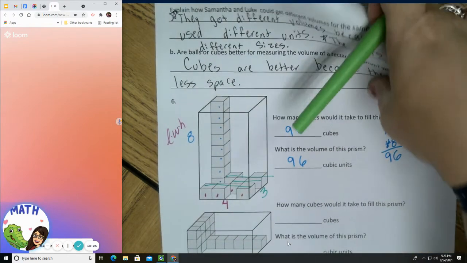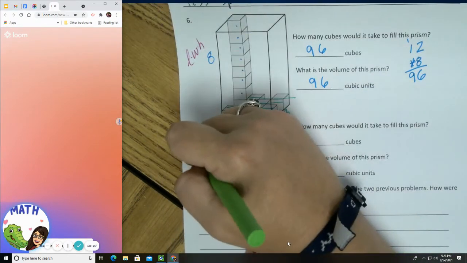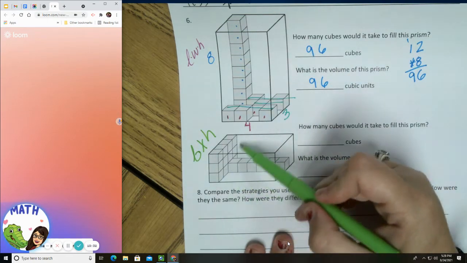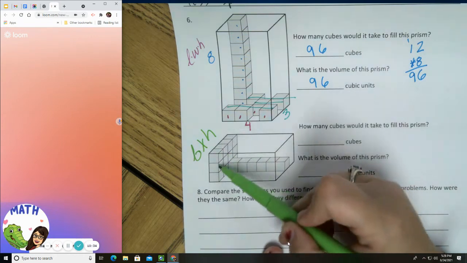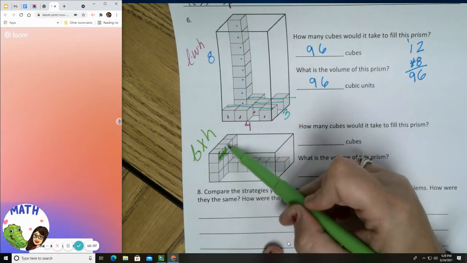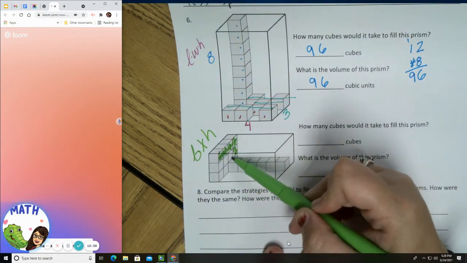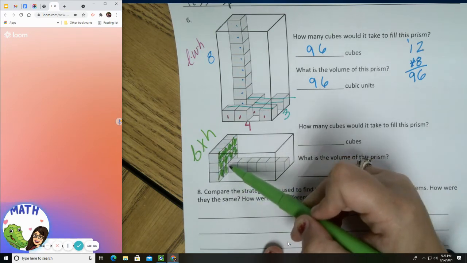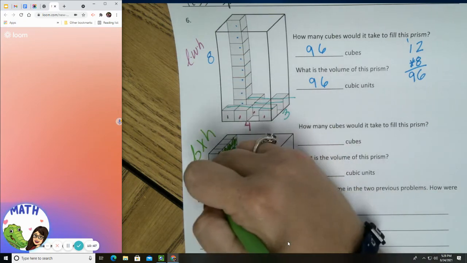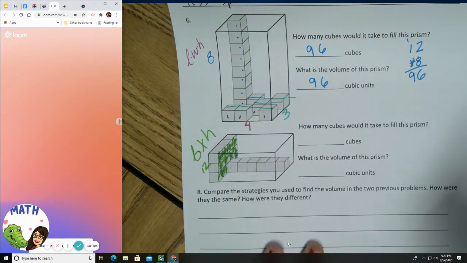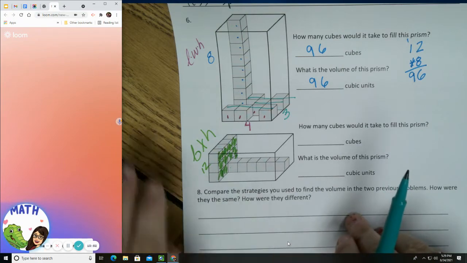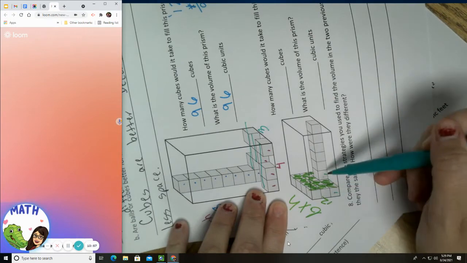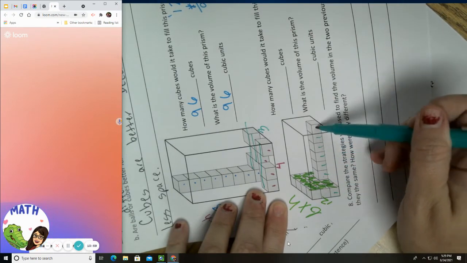On the next one, I'm actually going to do base times height because I can see my base right here and see how many are in my base. 1, 2, 3, 4, 5, 6, 7, 8, 9, 10, 11, 12. My base is 12. Now my height. Miss Gilman, it's not high. Now it's a height. 1, 2, 3, 4, 5, 6, 7.